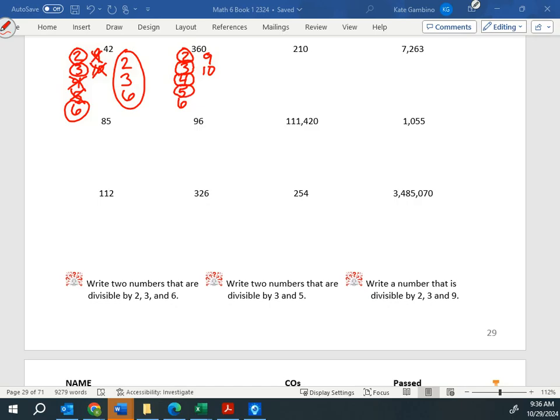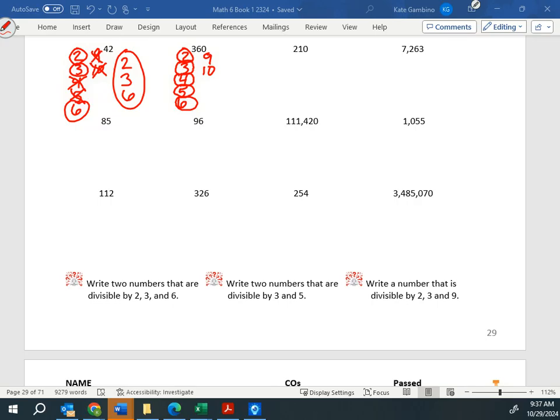Is 360 divisible by 6? Nolan P? Yes. How do you know? Because you can divide 360 by 2. You can divide 2 and the 3 into it, so it's divisible by 6. Is it divisible by 9? Hudson? Yeah.